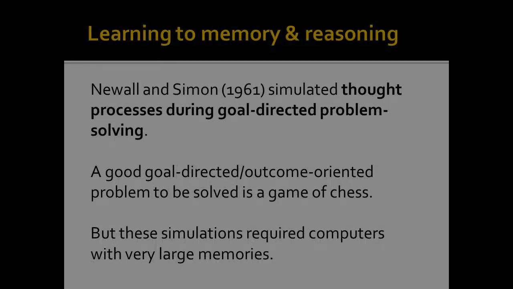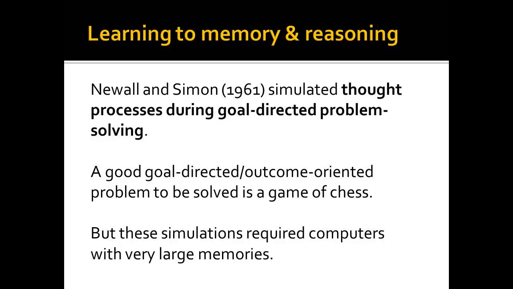In the 90s, IBM was able to build a computer called Deep Blue that could beat Garry Kasparov in a series of chess matches. Now, in one of those matches, Deep Blue made a surprising move that threw Kasparov off of his game and eventually led to a victory for IBM and Deep Blue.